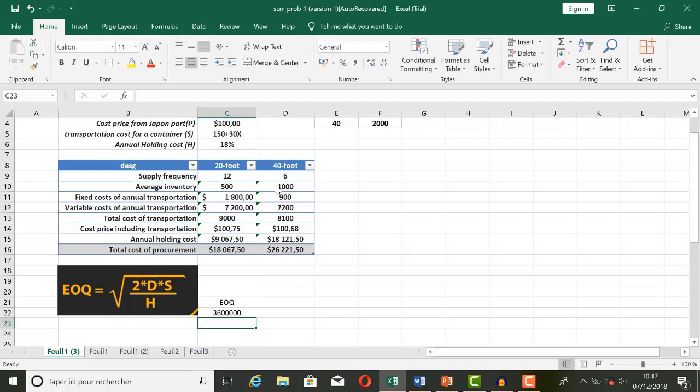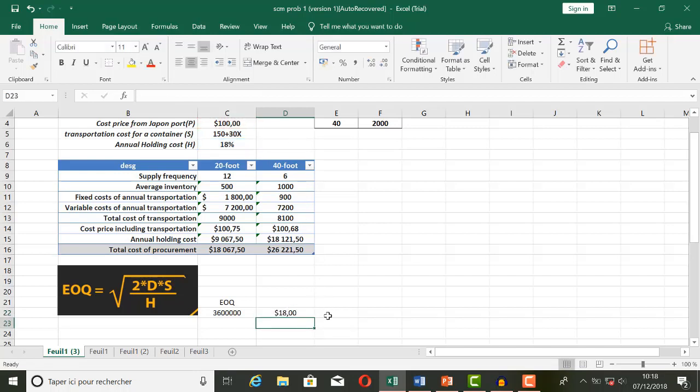And we are not going to take into consideration the variable cost of the transportation, as the ordering cost does not depend on these variable aspects. So the top part would be divided by our H, and our H would be the annual holding cost in percent, times $100, which is our cost price.